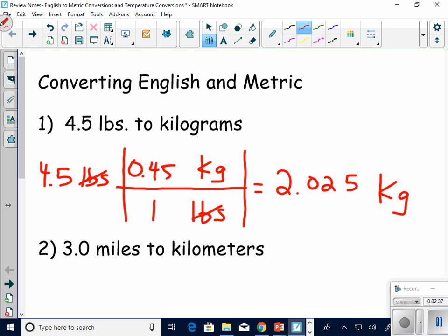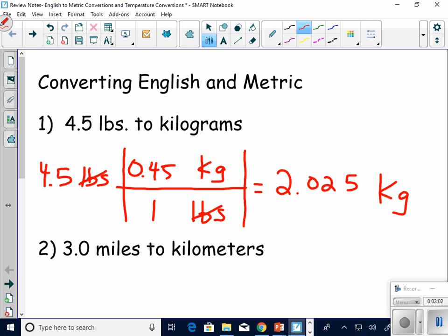Now, we've talked about significant figures, right? Do I have sig figs here correctly? No, because we're dealing with a calculation that's multiplication and division.